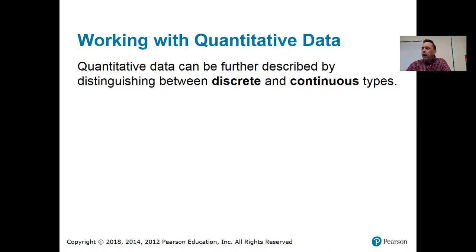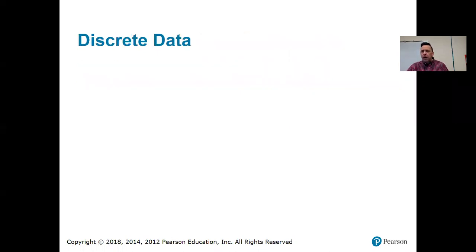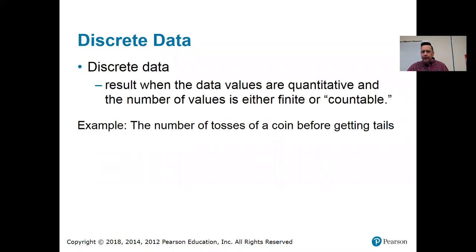So those data can be broken down further into discrete and continuous data. Let me explain to you what the difference is. Discrete data, and I have my own way of saying this that I like. Discrete data result when the data values are quantitative and the number of values is either finite or countable. Now, countable might not mean what you would guess it means.